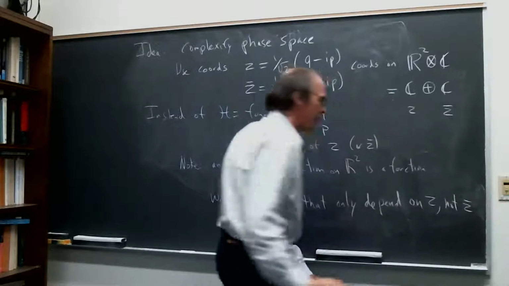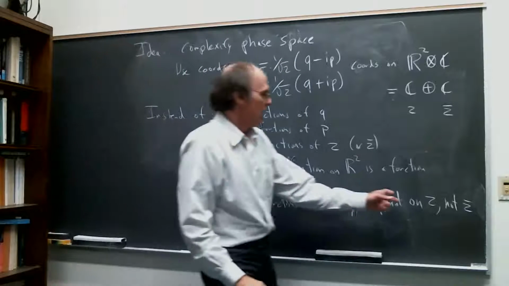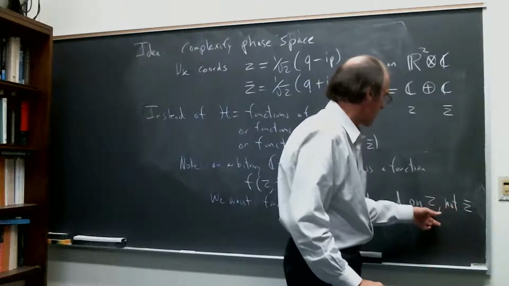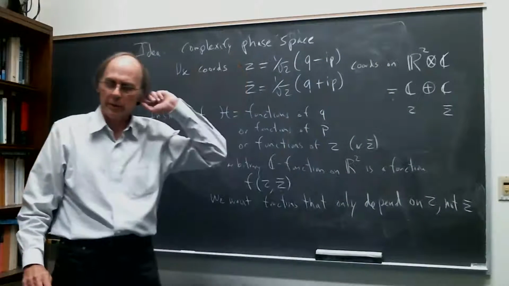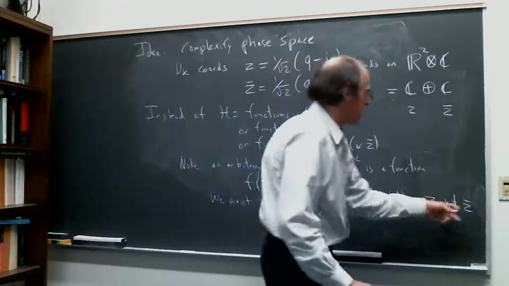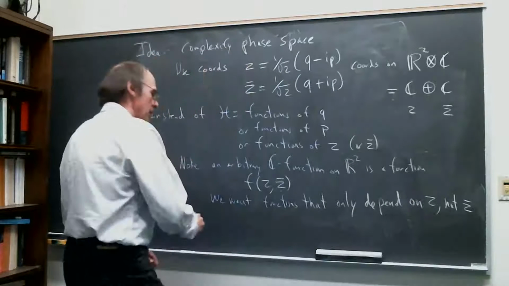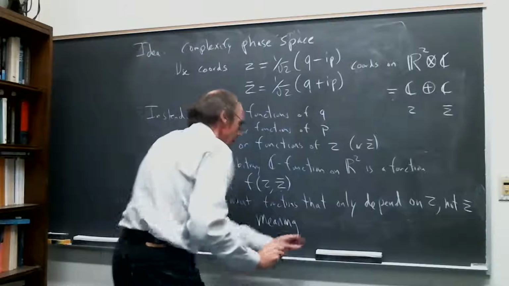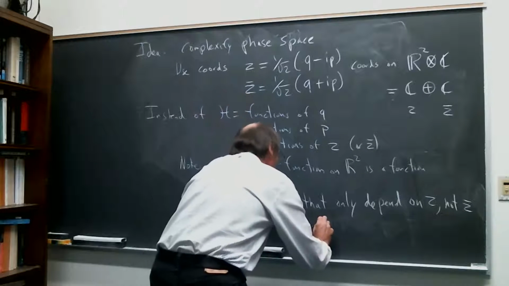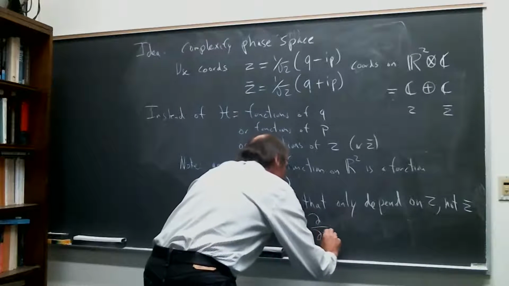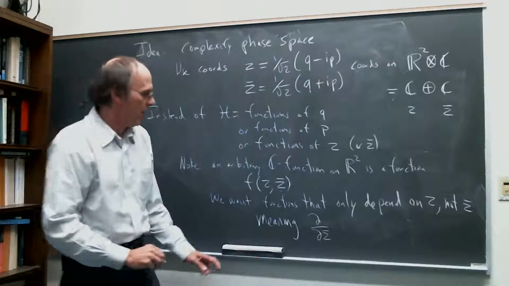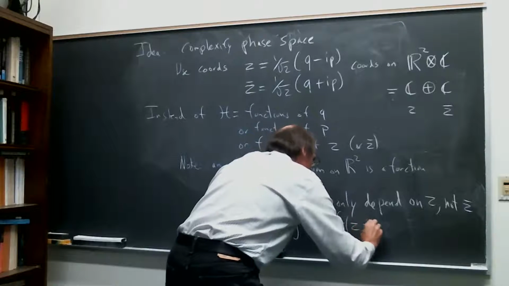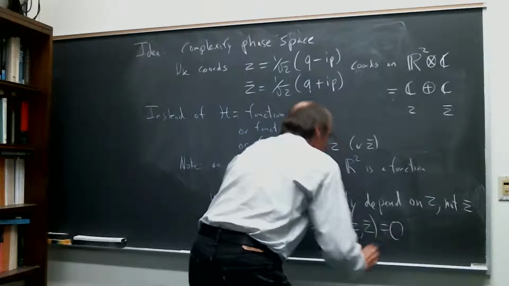You have to be a bit careful about that statement, because what does it mean? Z bar is just the complex conjugate of z, so they're clearly related. If it depends upon one, you think it depends on the other. But here it means that if you take the derivative with respect to z bar of your function, you get 0.